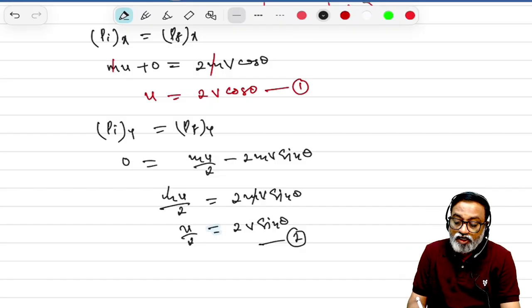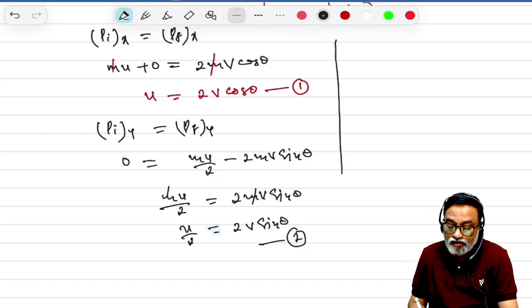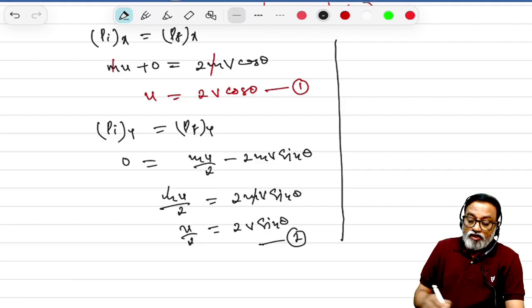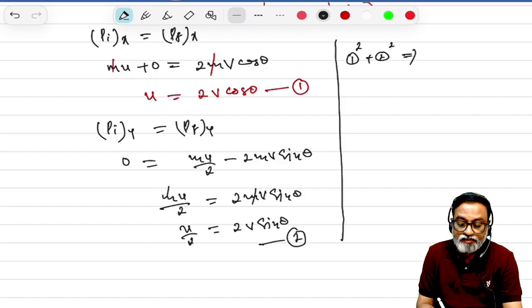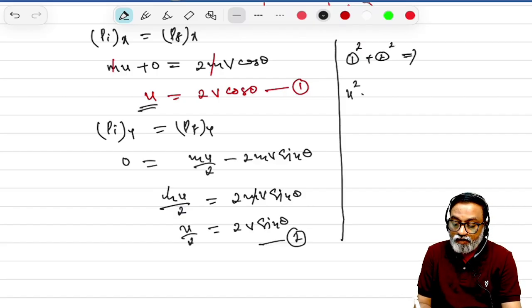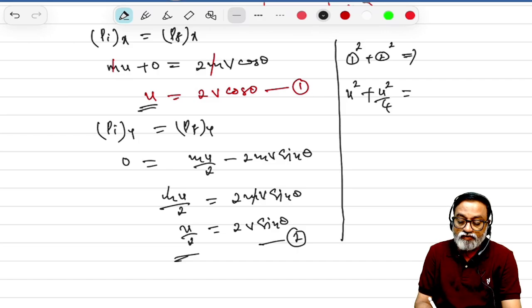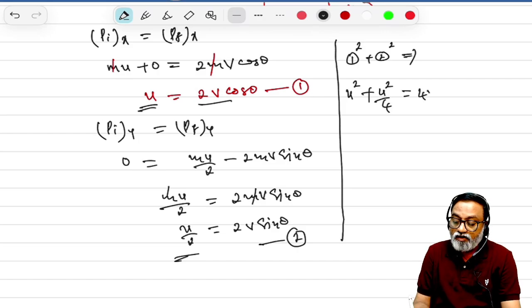If you square equation 1 and equation 2 and add these two, this is u square, and here u by 2 means u square by 4. This is 2v cos theta, which means 4v square cos square theta.